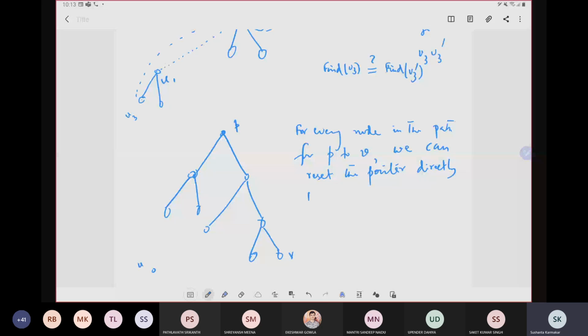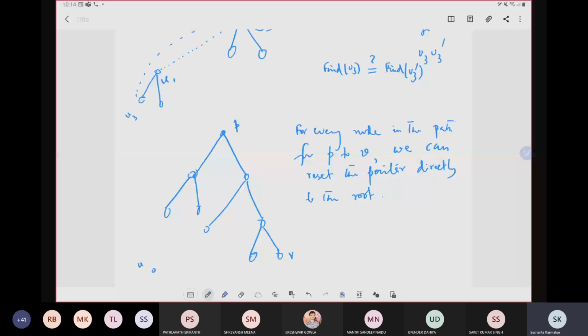What does it mean? That means this node is directly attached to the root node. Okay, that's fine. I'm not making any change in the nodes on the left. What will happen for every node like this node? I'll make the connection direct.